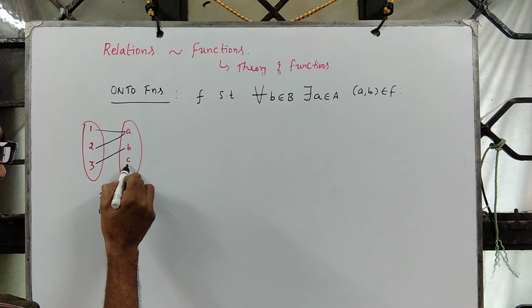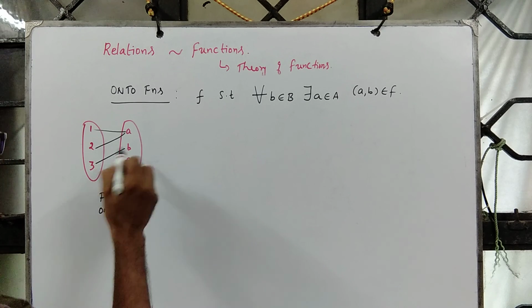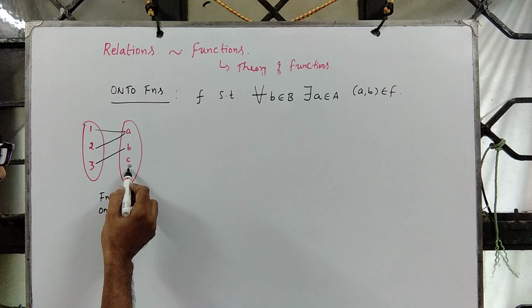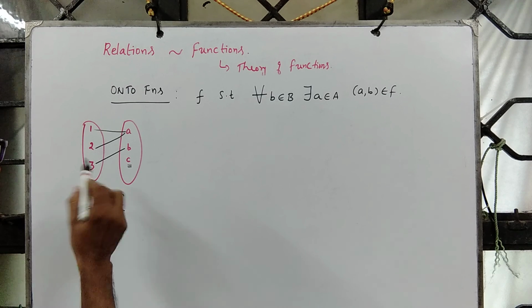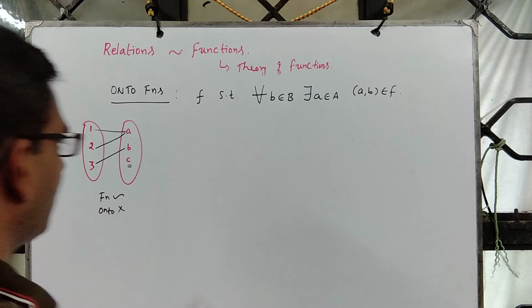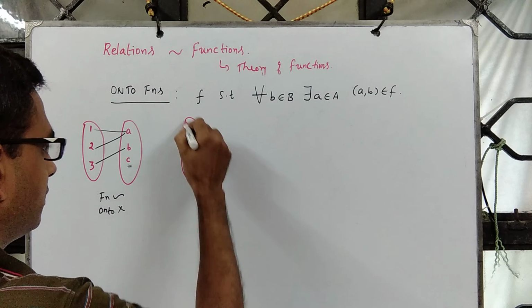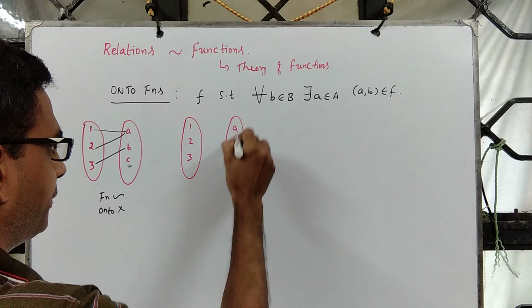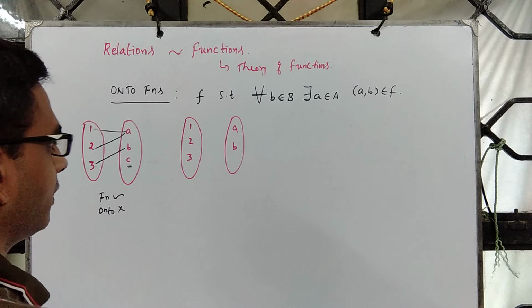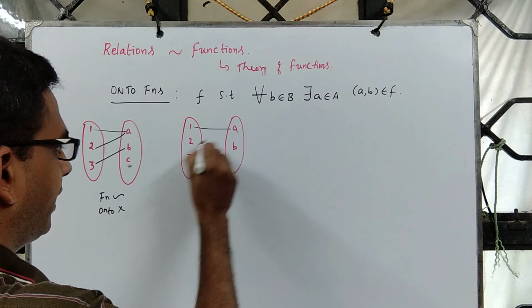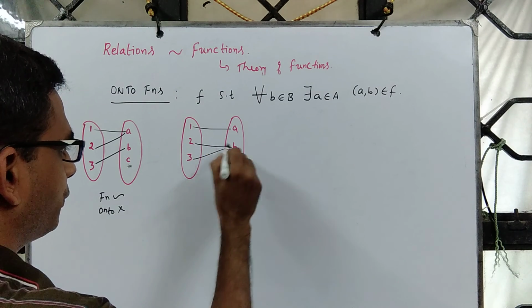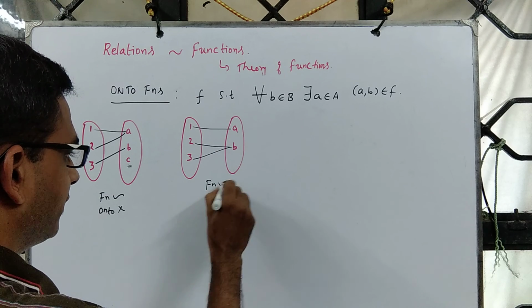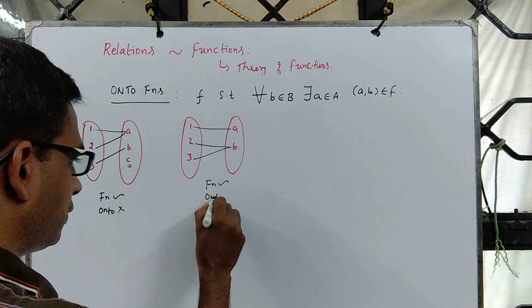Onto says for each of them there should be a preimage, but for this element there is no preimage at all. So consider this function, say 1, 2, 3, and on this side you have A, B. So we are mapping 1 to A and 2 to B, 3 also to B. So this one is a function, this one is also onto.